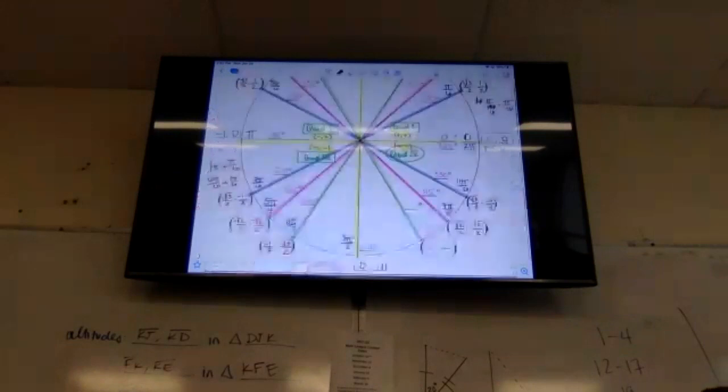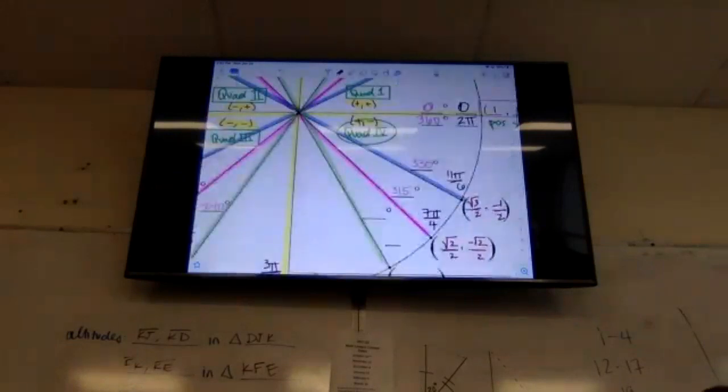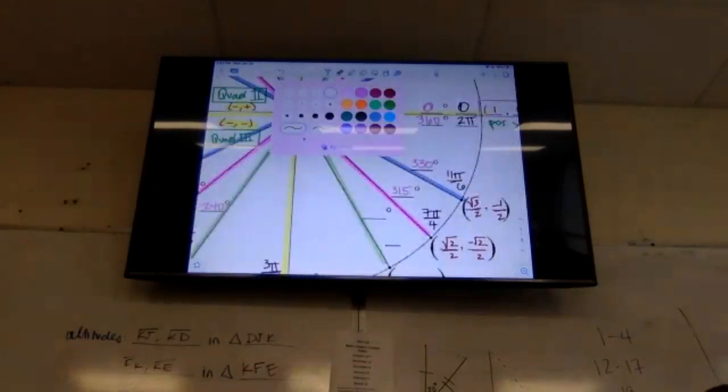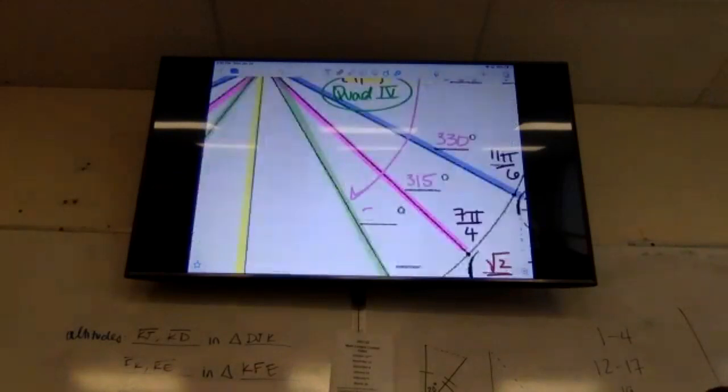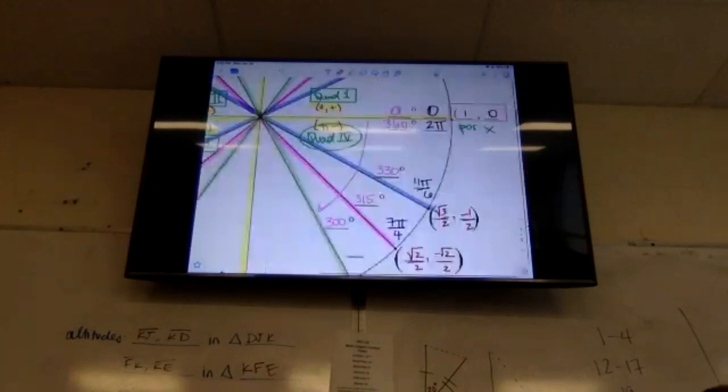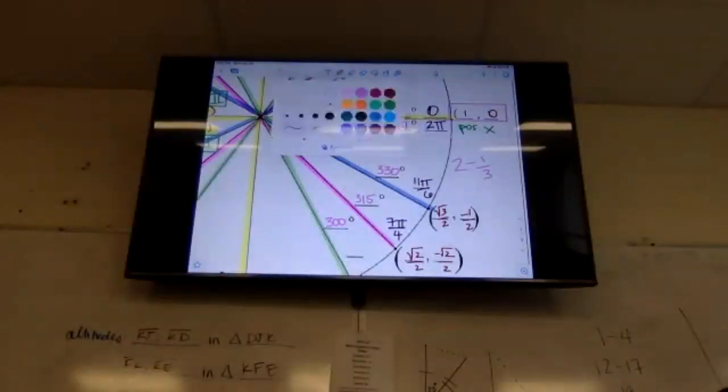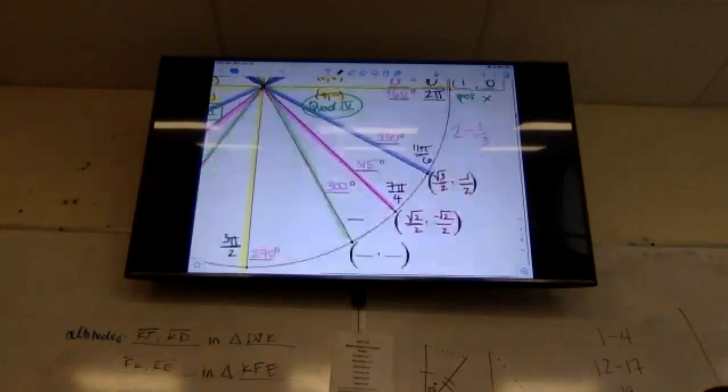The fourth one's just the weirdest quadrant. Let's do it in degrees first. If I was at 360 and I'm minusing off 60 degrees, what am I going to be at? 300. If I was at 2 and I minus off 1/3, how many thirds do I have? 5.